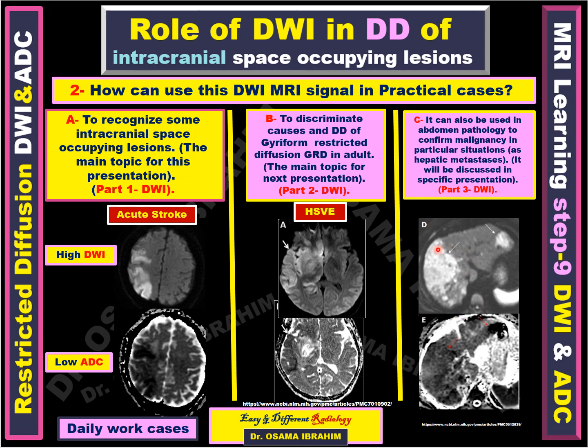And this one represents two lesions in the liver which have high signal in diffusion weighted image and low signal in the ADC, so this is representing restricted diffusion, and this was a hepatocellular carcinoma case. I will also discuss this in detail in separate presentations after I finish the first and second part of the diffusion weighted image restricted diffusion signal.